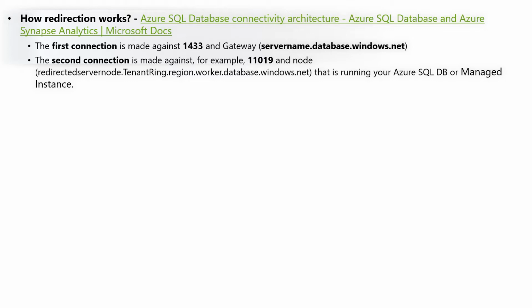If you have configured the redirection policy in the portal on your server, or you are connecting from inside of Azure, the driver will automatically connect to the real server where your database or your managed instance is running, using another, different port. Like in this case, for example, it's 1110.